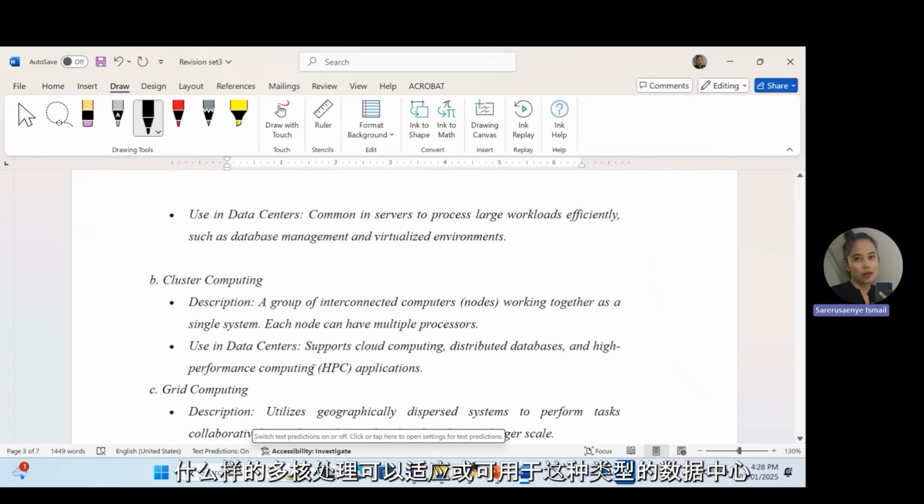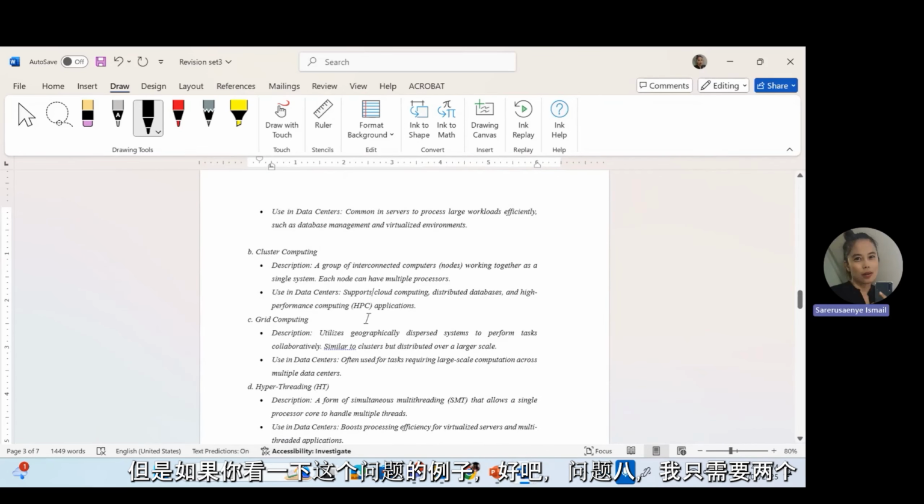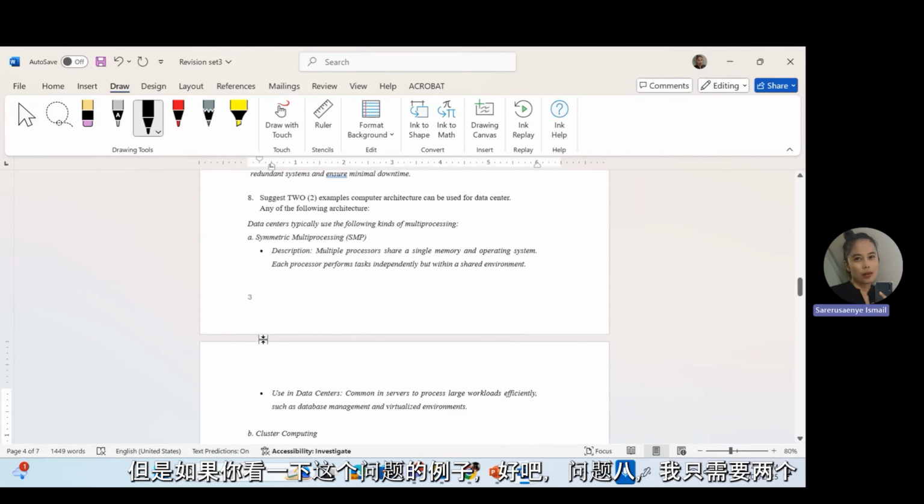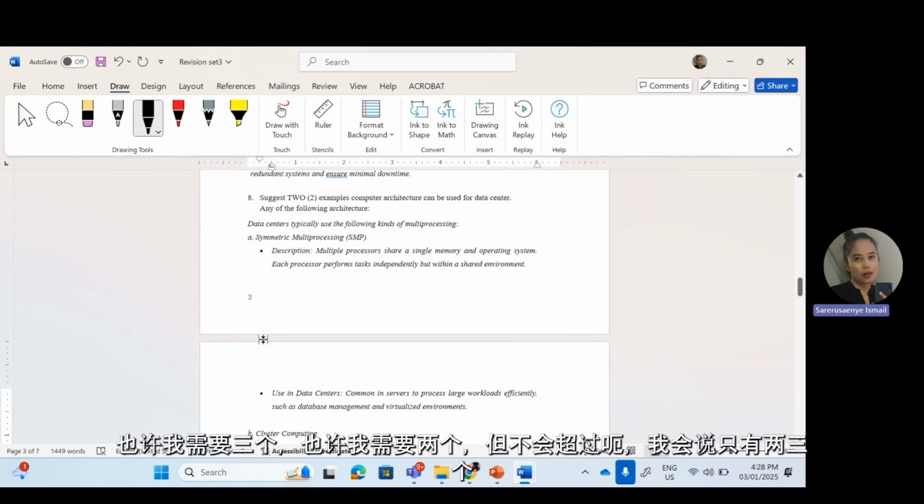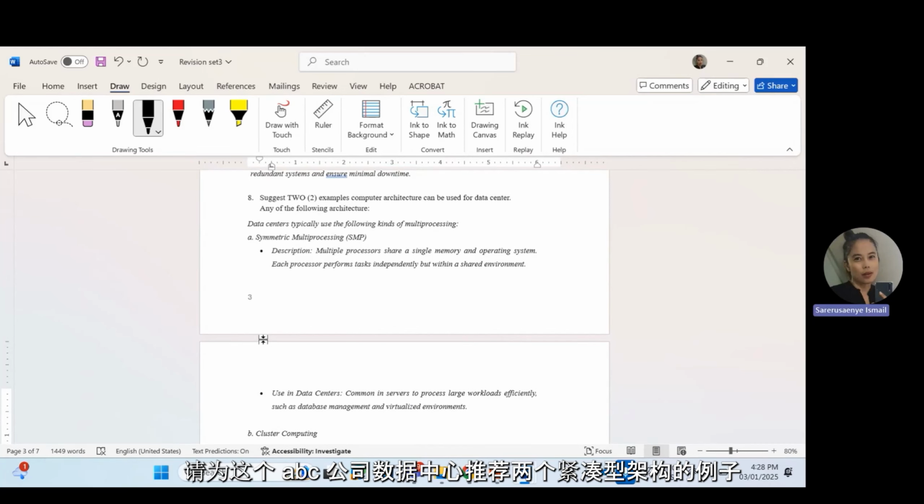If you look at this example question, question number 8, I only need 2, maybe 3, but not more than that. I will say, please suggest for this ABC company data center 2 examples of computer architecture suitable for that requirement. Same goes for the tutorial 11 question. Suggest what kind of architecture.